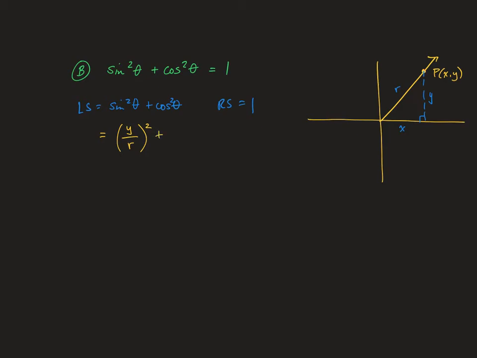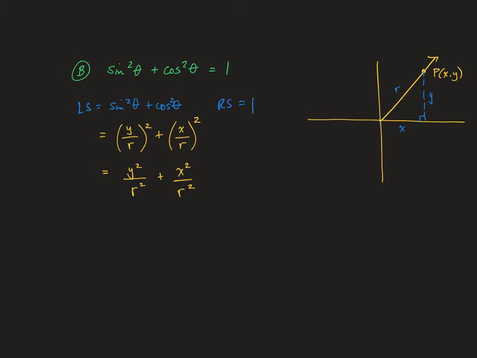My cos squared would be my adjacent over my hypotenuse, and that's also squared. Okay, I made a substitution. My next action is to try to simplify that. Well, I can square the first fraction, and I can square the second fraction.